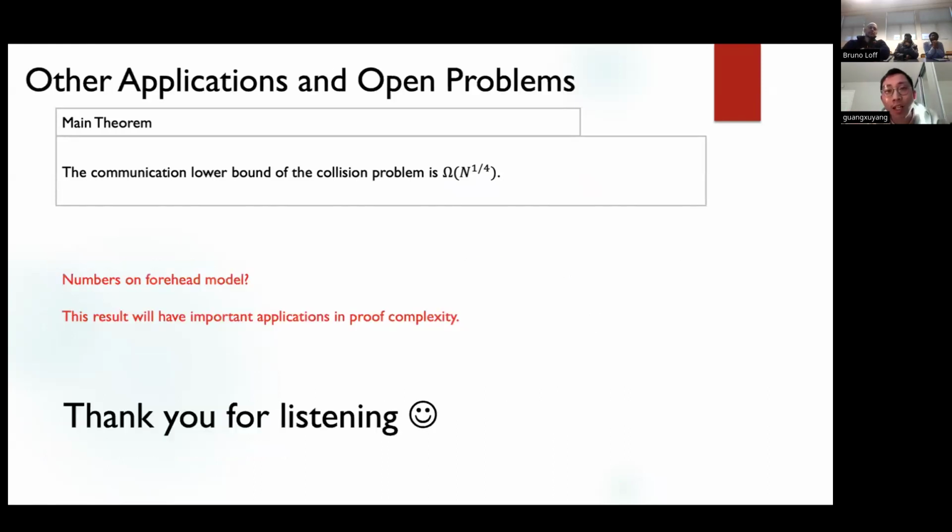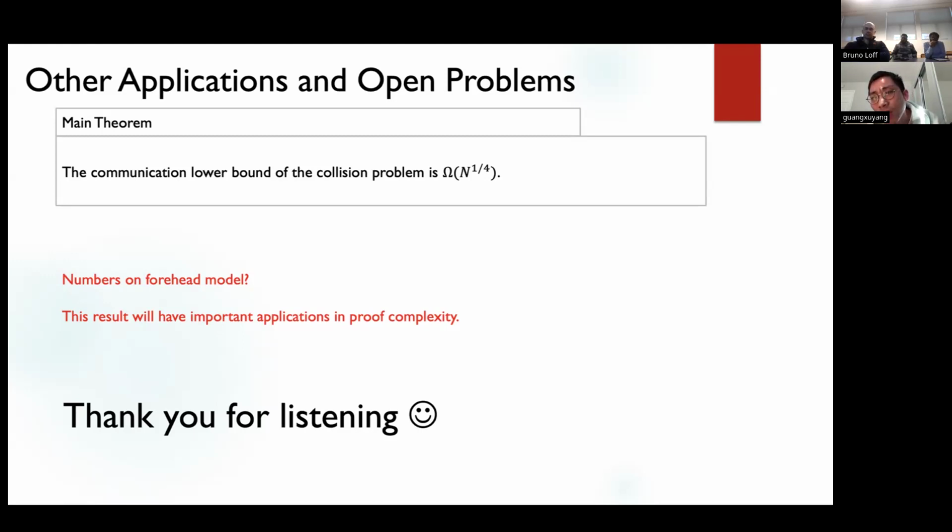So here is the open problem. I think it's wide open. Can you consider the NF model? I contacted the private authors. They say that if we can prove the collision problem in the NF model, it will have many very important applications in proof complexity.